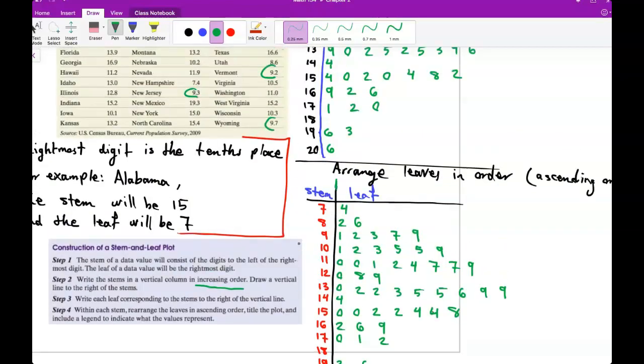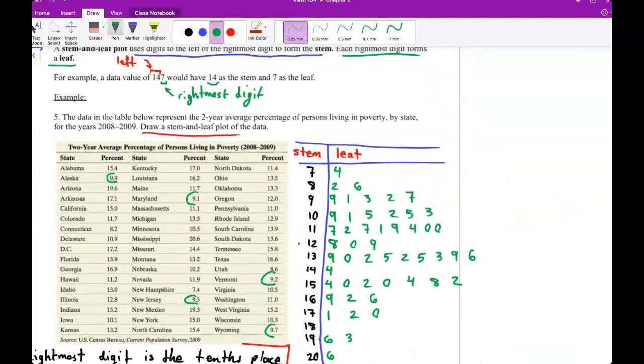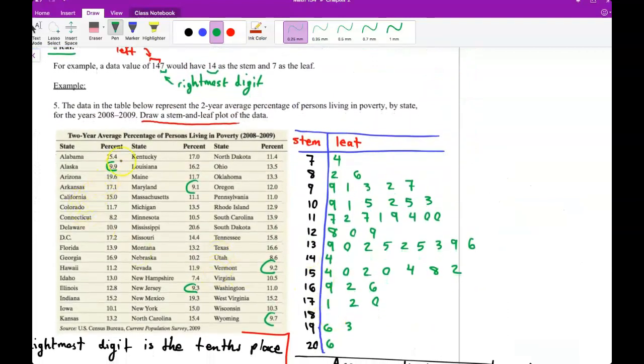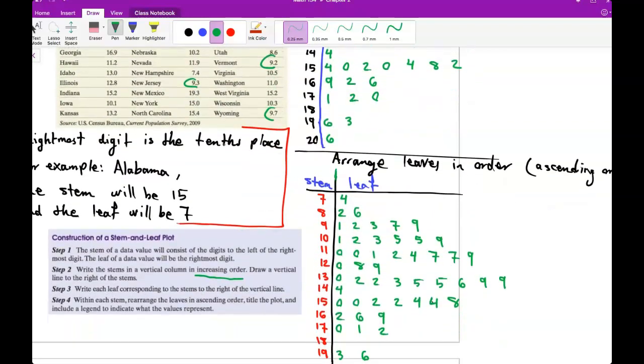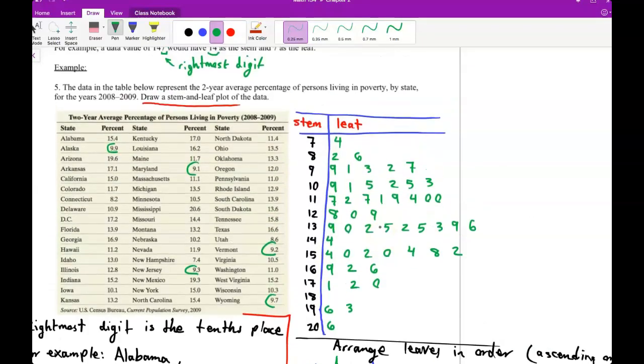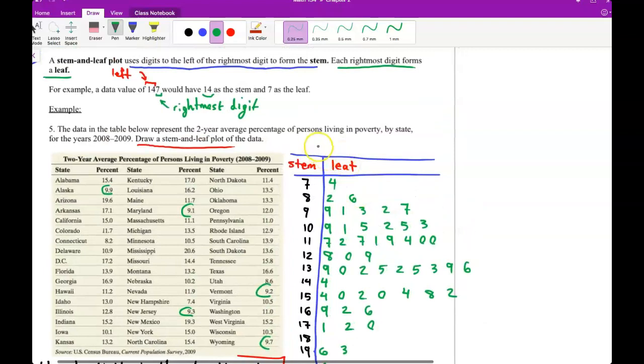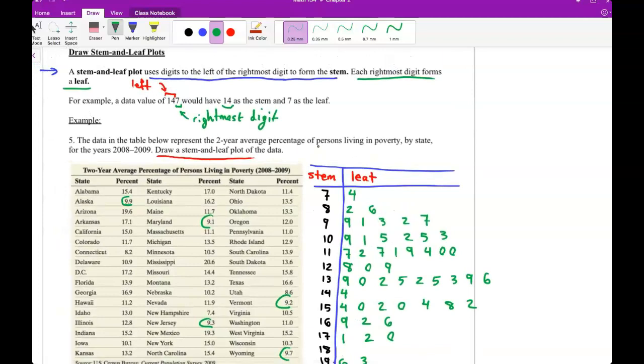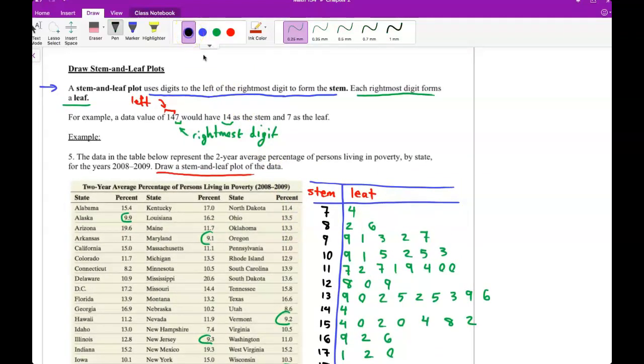Okay. So titling that one. That one is for the 2-year average percentage of persons living in poverty. So I'm going to write that one here, what the title is.